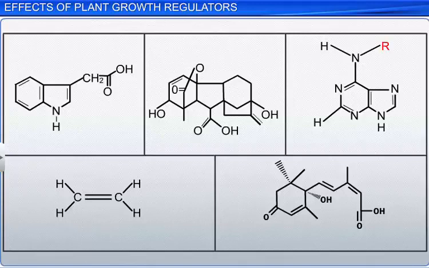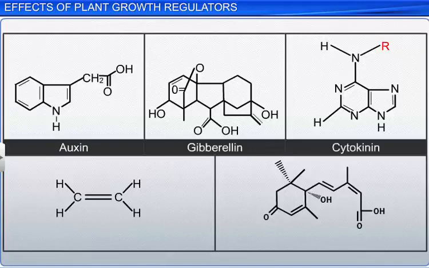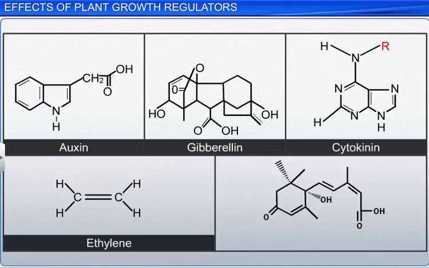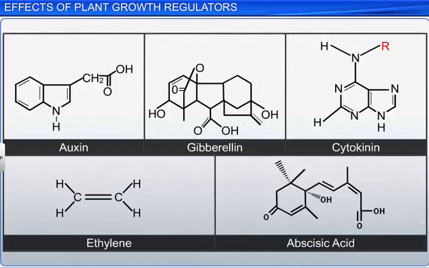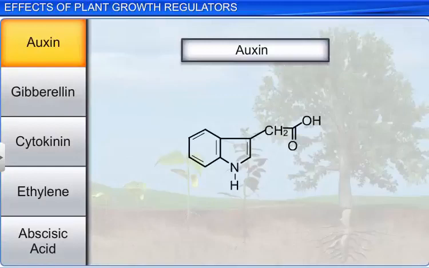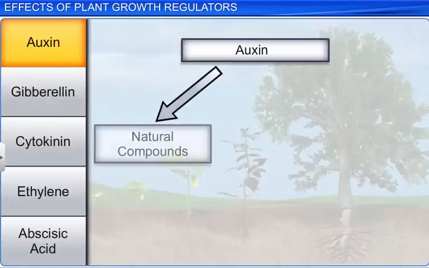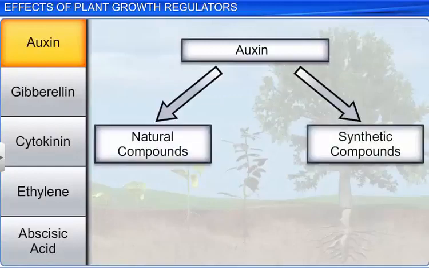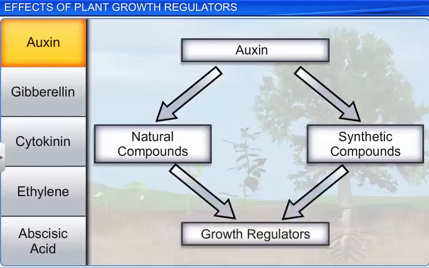Plant growth regulators or PGRs include auxin, gibberellin, cytokinin, ethylene, and abscisic acid. Auxin is the generic name for all natural and synthetic compounds with definite growth-regulating features.